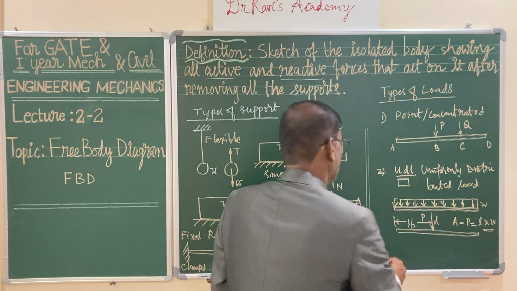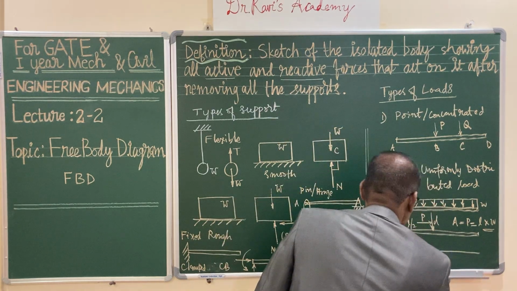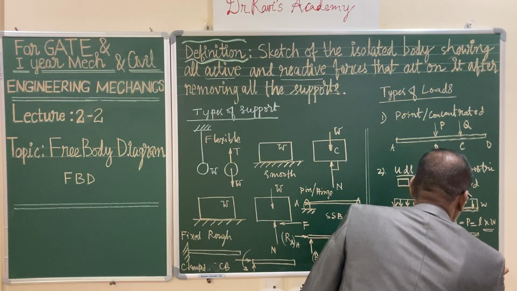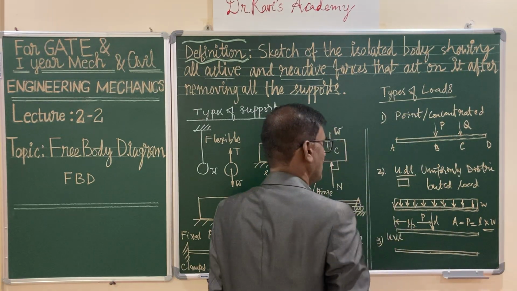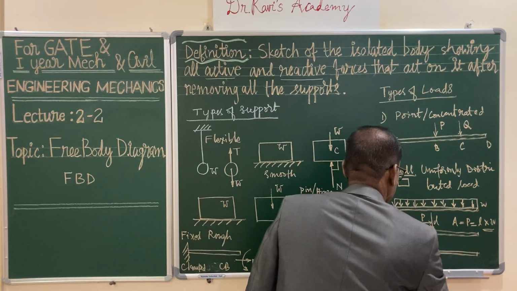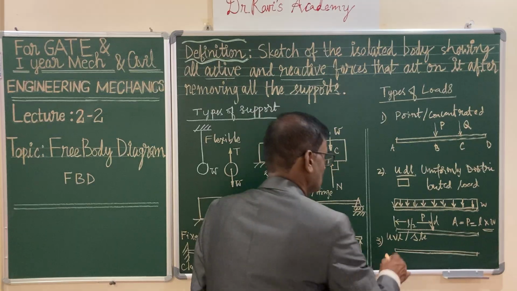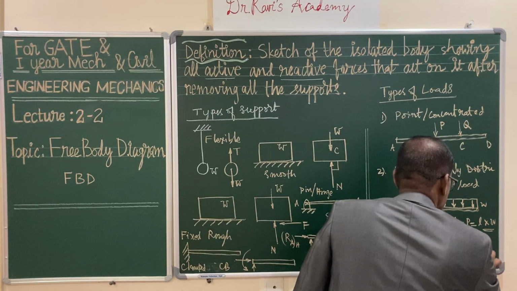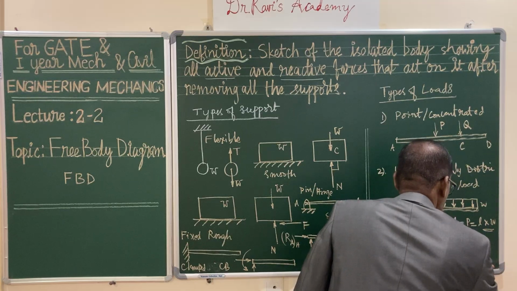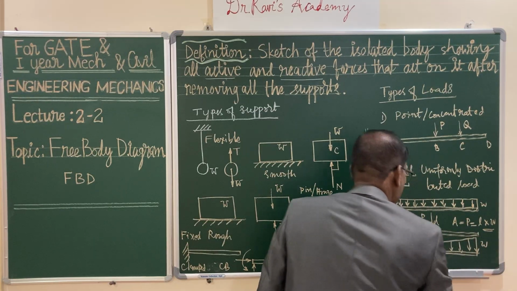And lastly, a triangular load. In a beam, assume that the load is uniformly varying. It is called UVL, and it is also known as triangular loading. So this is also the area of the diagram, and let us see that this height is W, and it is linearly increasing from left to right.